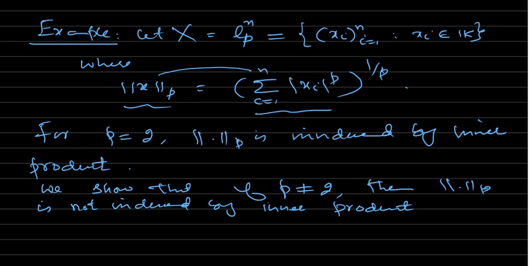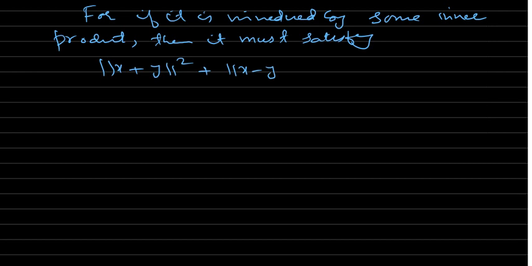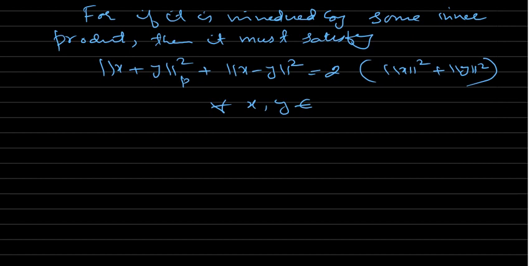Suppose it is induced by some inner product, because inner product satisfies the parallelogram law, then it must satisfy norm of x plus y whole square plus norm of x minus y whole square is equal to 2 times norm x square plus norm y square, for all x, y belonging to this lpn. It's the pth norm here.